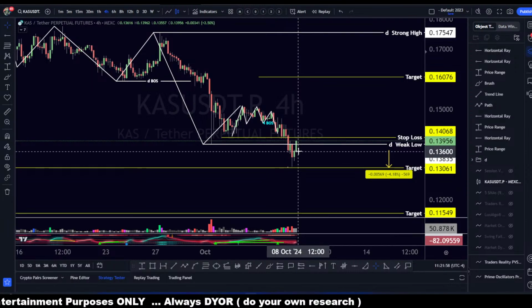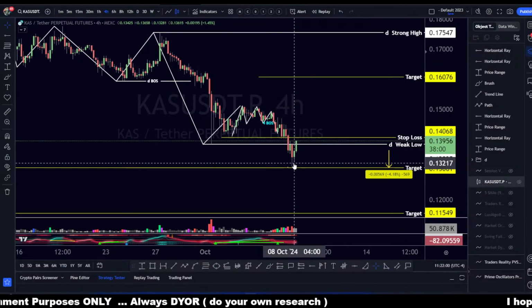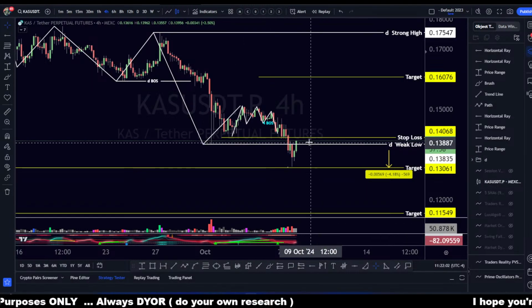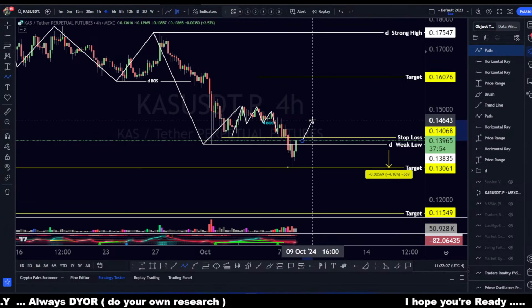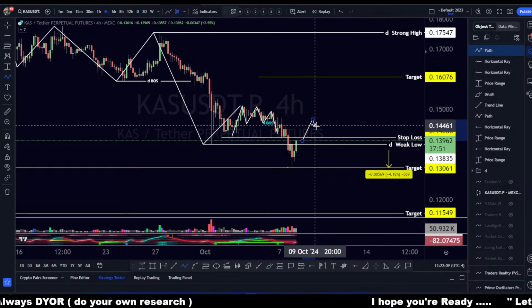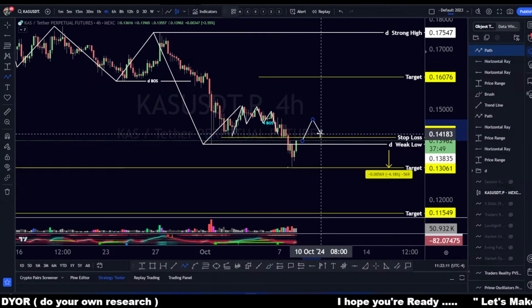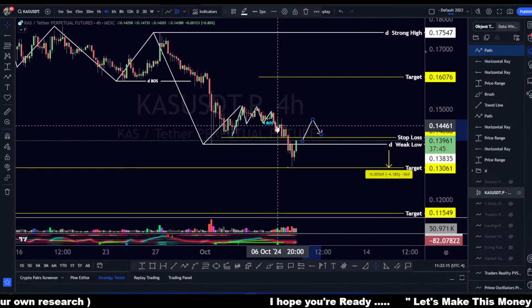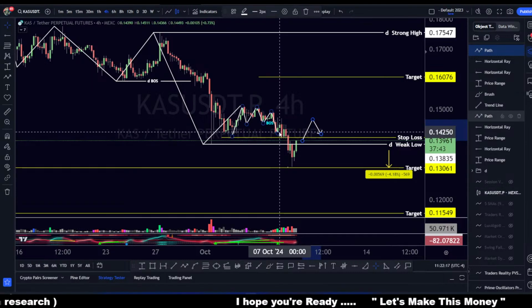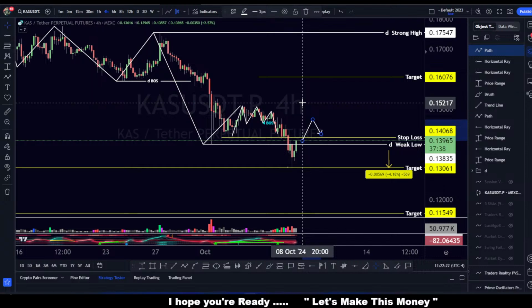It's coming up now. As far as a short goes, it's best to wait for it to retrace to maybe here and then start coming down. So after a break of structure, it's higher risk to enter, like for the short, just because it could come up.